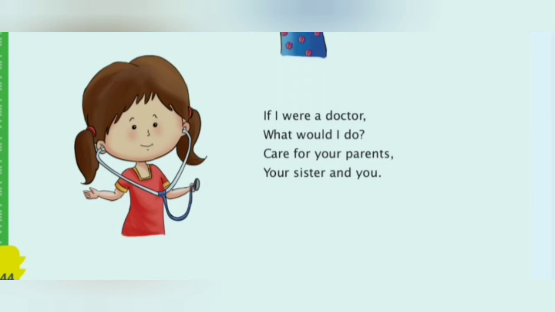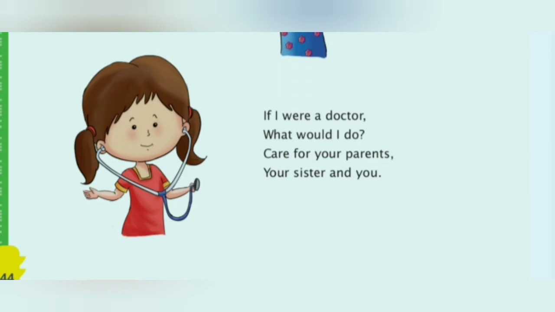So now here the fourth line comes with a connecting word, and. So we can split only that sentence and all other lines go with a single flow. See, if I were a doctor, comma, single flow. Second line, what would I do? Question mark. You should ask like you are asking some question.